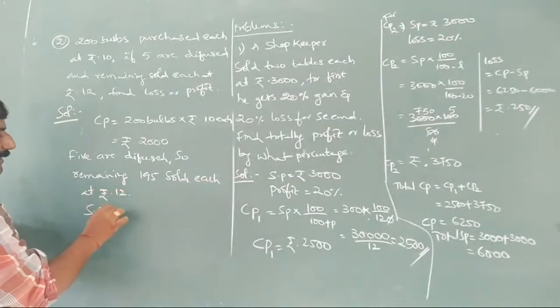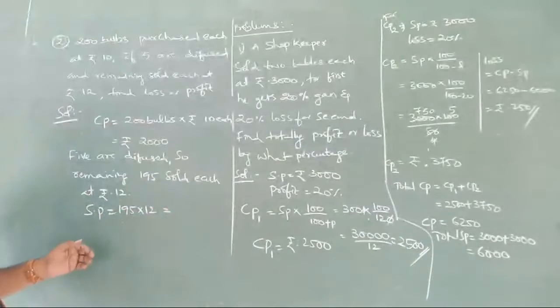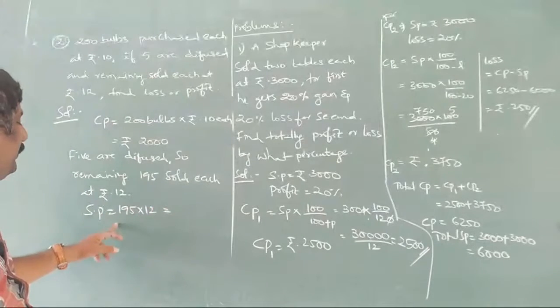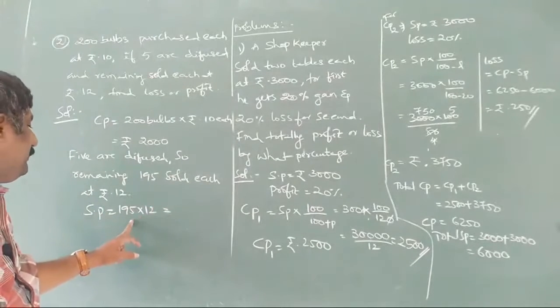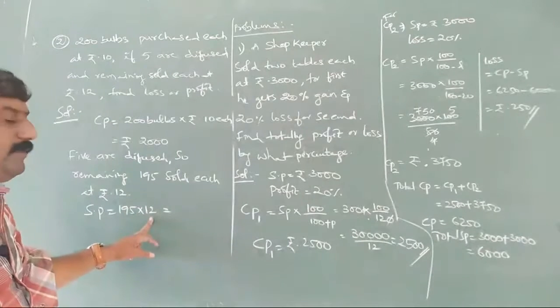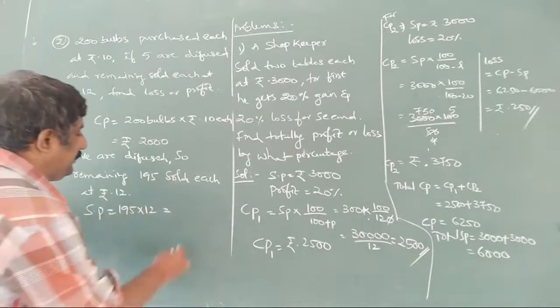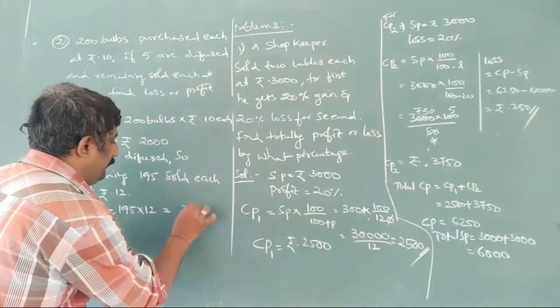So SP is equal to 195 into 12. How much is it going to be? 2400 minus 60. Is it right? 200 into 12 is 2400, less 5 into 12 is 60. Nothing but 2340, I think.